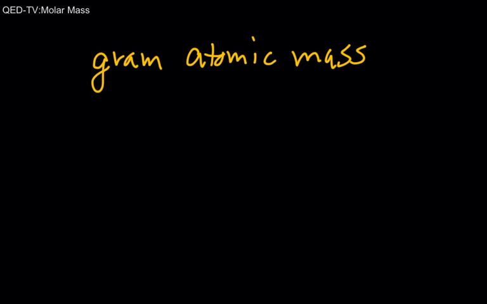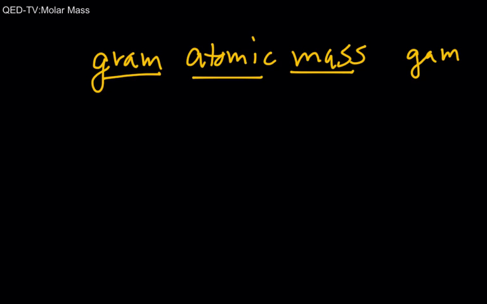And if we just look at a copper atom on the periodic table, we're looking at the atomic mass. But if I'm trying to find the mass of a mole of copper, then we put this unit on it. We call it the gram atomic mass. That's a GAM, sometimes abbreviated.